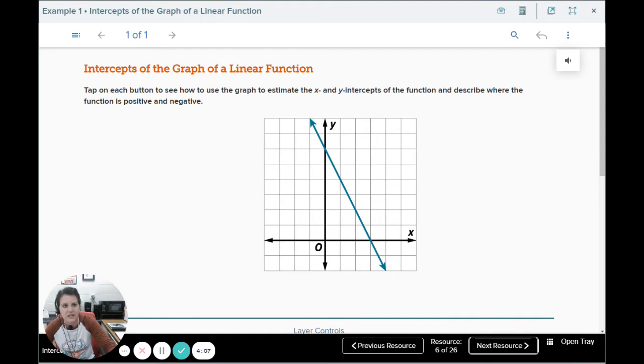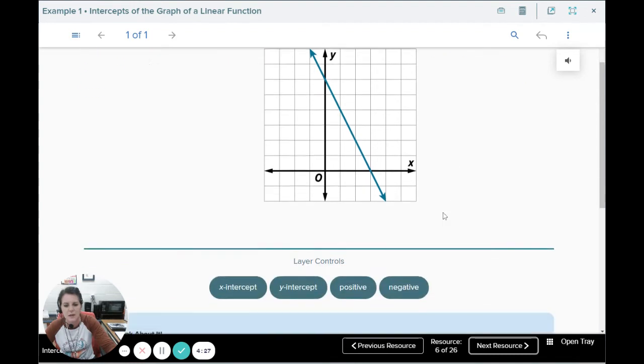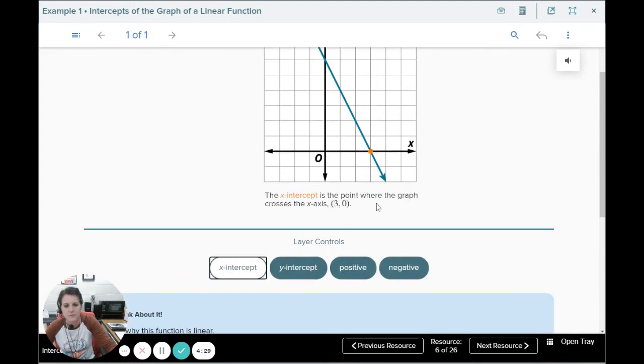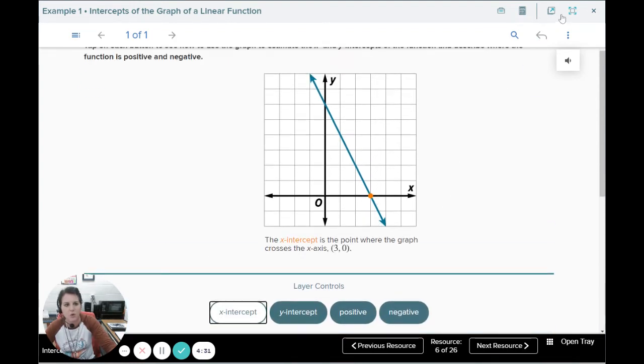This down here, I'm going to highlight this if I can, is my x-axis. So where does my line cross the x-axis? It crosses right here at this point, which is 1, 2, 3, a positive 3. So my x-intercept then is positive 3. If we were to write the coordinates of this point, it would be 3, 0.